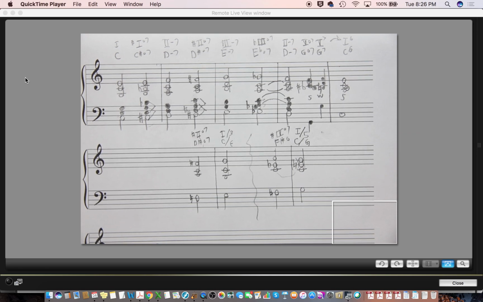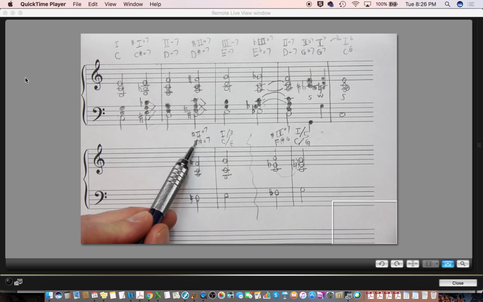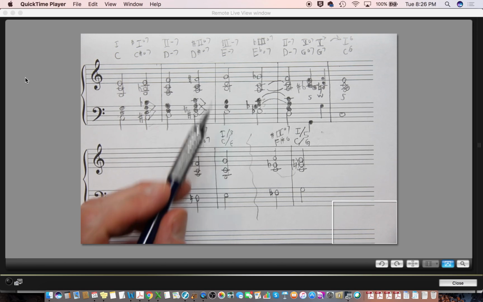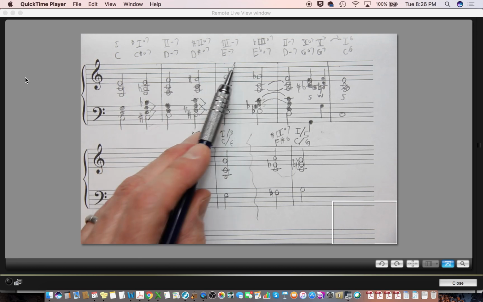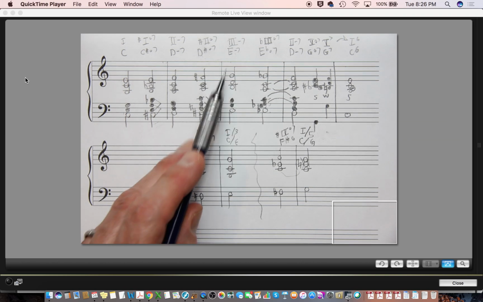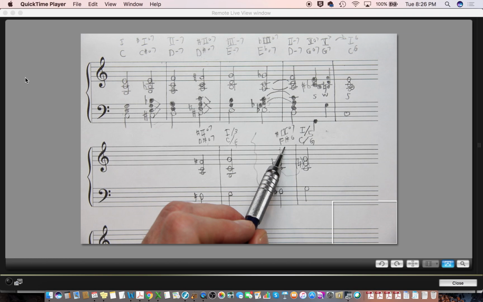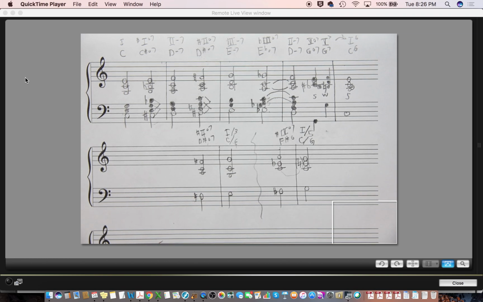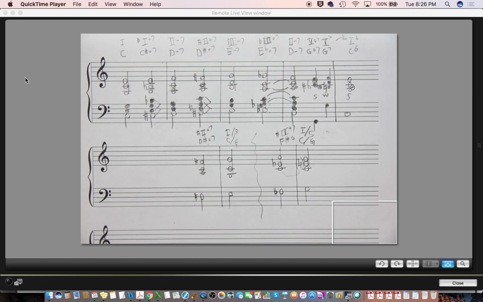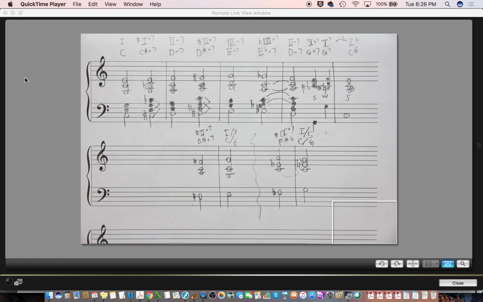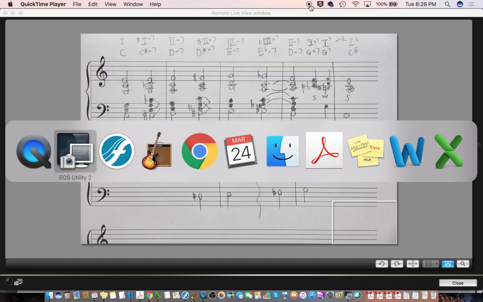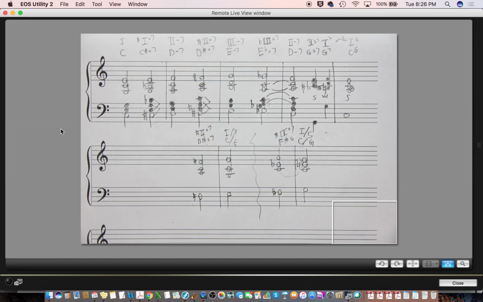Okay. So again, diminished 7s don't always have to go to a root position chord, they can go to an inversion with the same note in the bass. And F sharp, instead of going to G, can go to C over G. Alright, so that tells you a little bit about inversions and voice leading. And hope you enjoyed that.